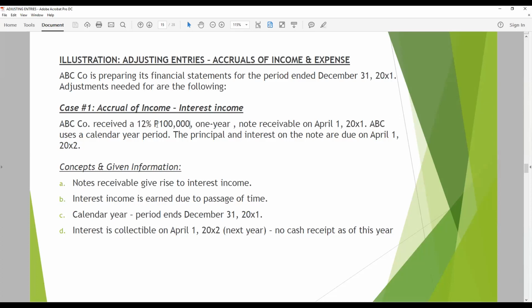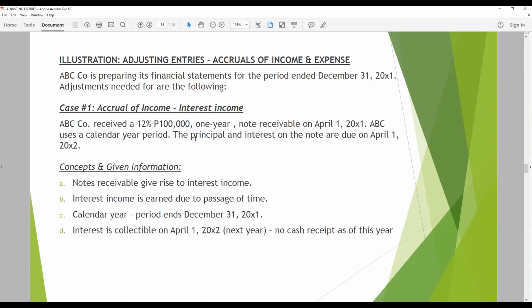So 100,000 times 12% yung interest, total interest nyo for that note is 12,000. So nag-issue kayo ng note sa client or sa kanino kayo nagpautang ng 100,000 tapos 12,000 yung interest na ma-earn nyo. 12,000 yung interest na babayaran sa inyo.